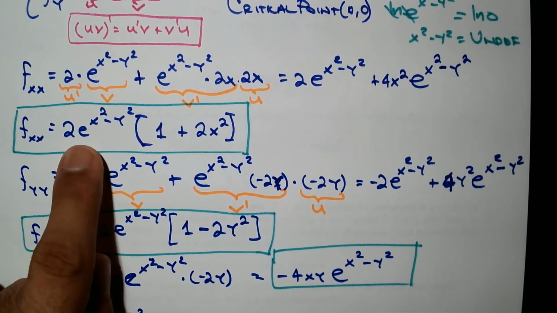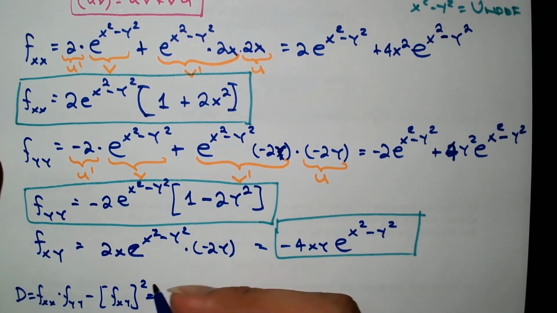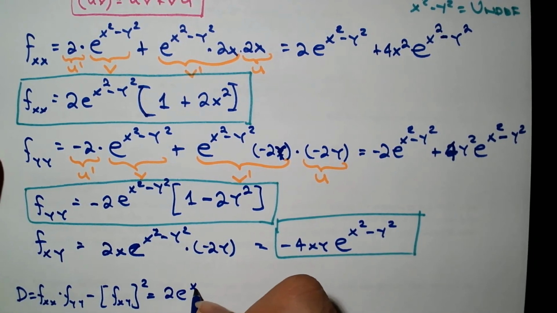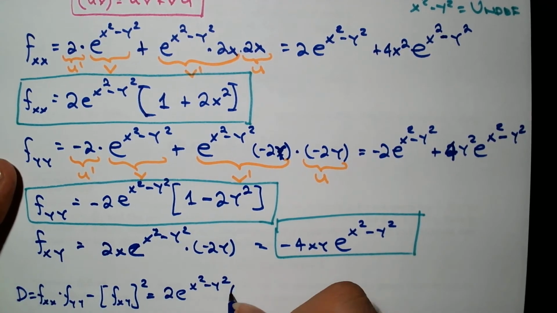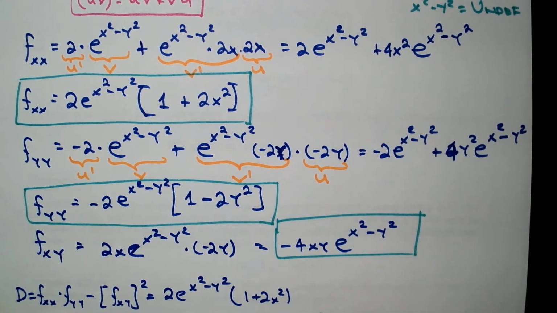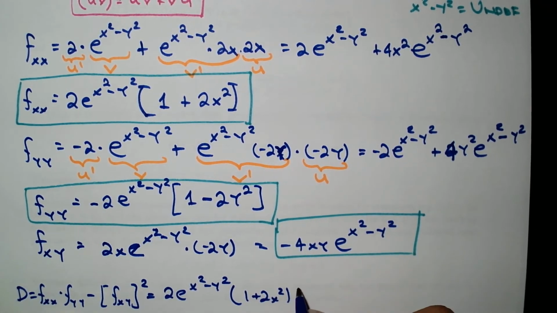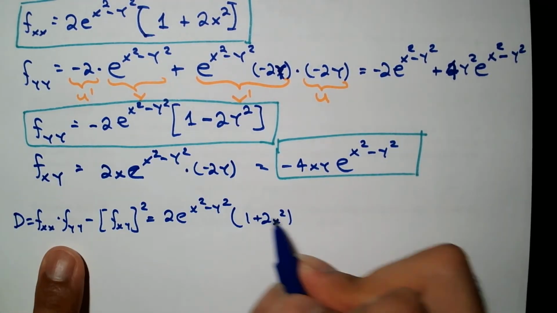This big chunk right here, I'm going to copy it, times 1 plus 2x squared, and then times fyy, which is this whole chunk.